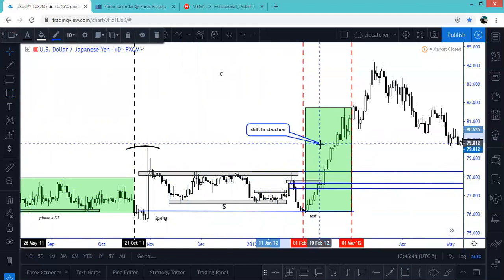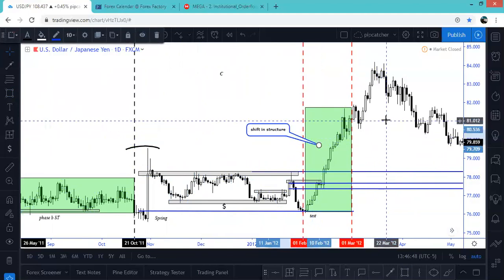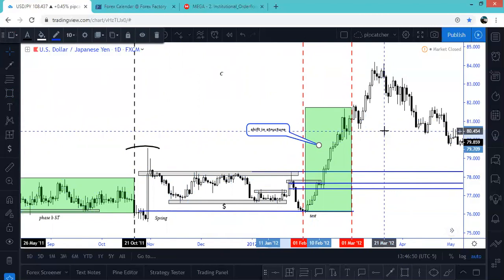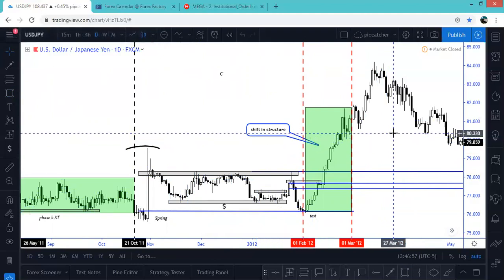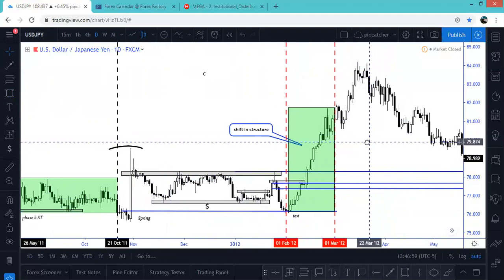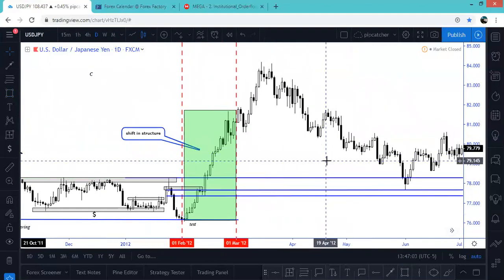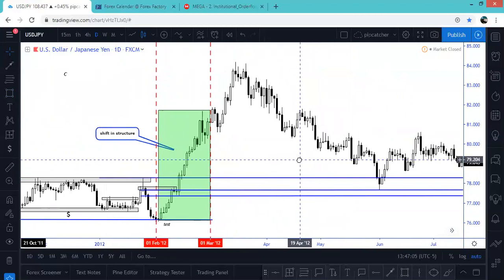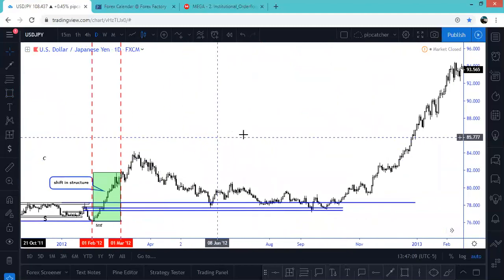Not to get you away from using order blocks for entries, but to give you an understanding that if you miss an order block entry, then you're not just left out of the market. You can find other entries, other ways to get in on these reversals, right? We're talking about reversals in the market.